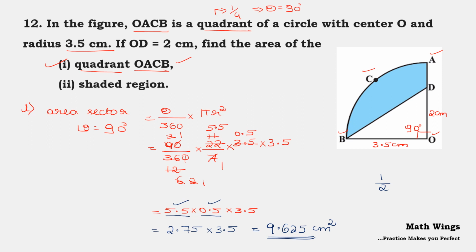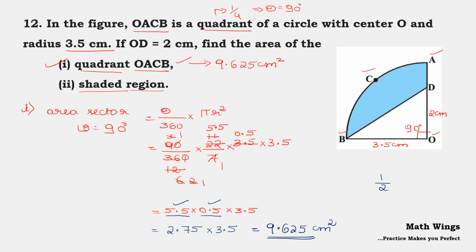So what is this answer? This answer is the area of the quadrant. Here we have the area of the quadrant OACB that is equal to 9.625 centimeter square. So what's the next question in this problem? The next question in the problem is to find the area of the shaded region.